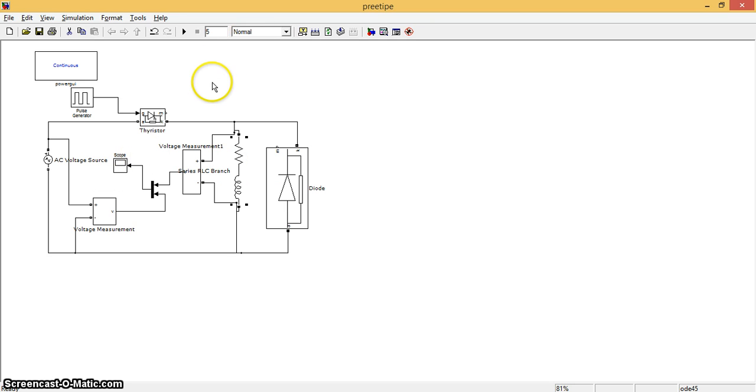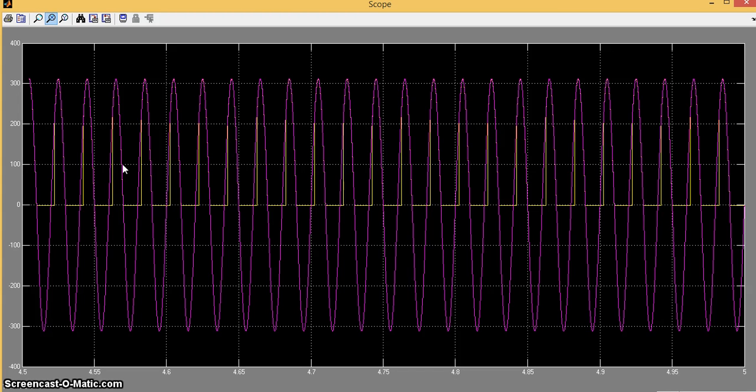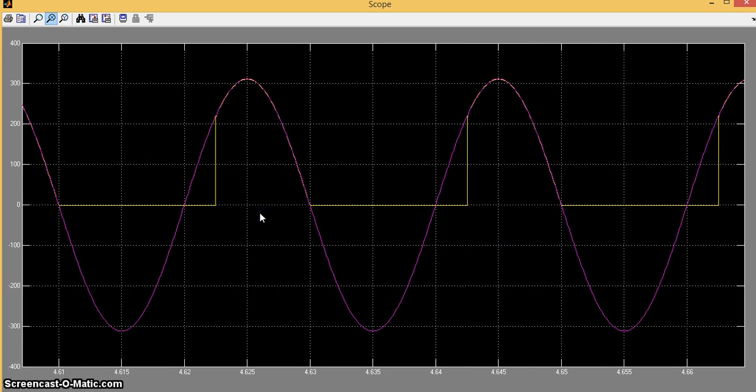Now we have to simulate. I think we have got enough cycles now, so we can stop. This is the output across the RL load. If I zoom along the x-axis, I can see a few cycles.